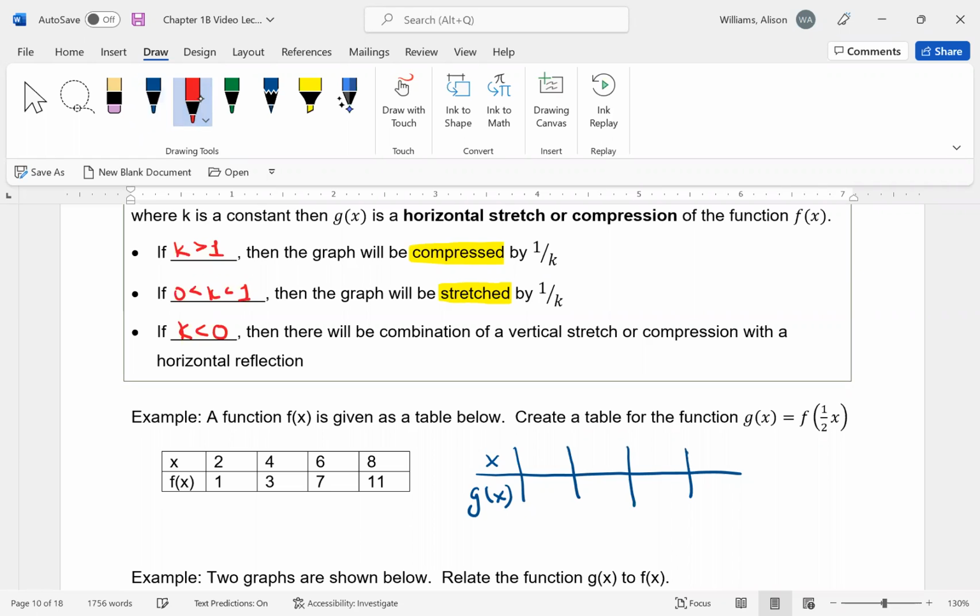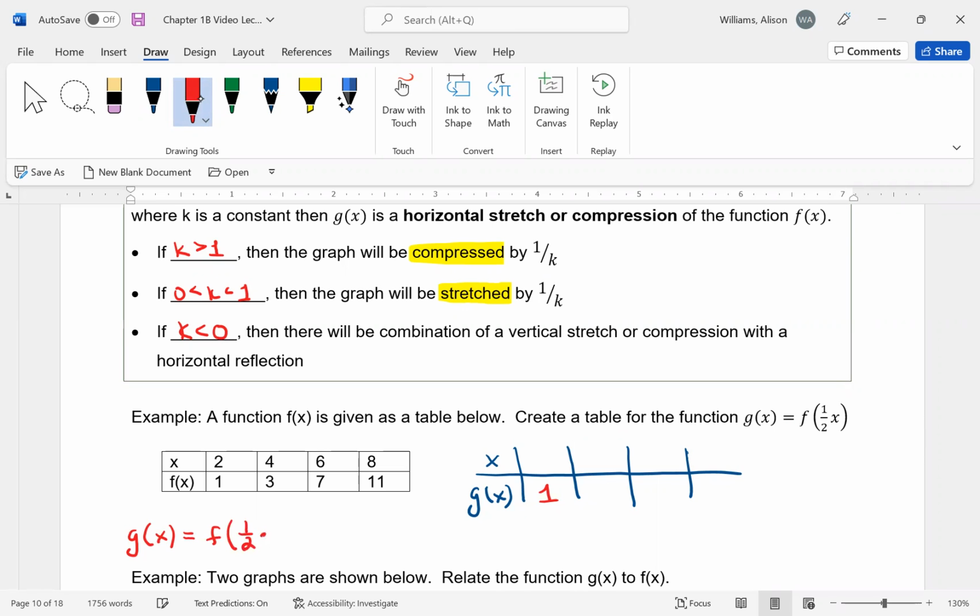So to get an output of 1, do that in red, I need to figure out what I have to input. Okay, so according to f of x, if I have an input of 2, I get an output of 1. So that means that for g of x, in order to get an output of 1, I need to figure out what I have to plug in here for x so that I get f of 2.